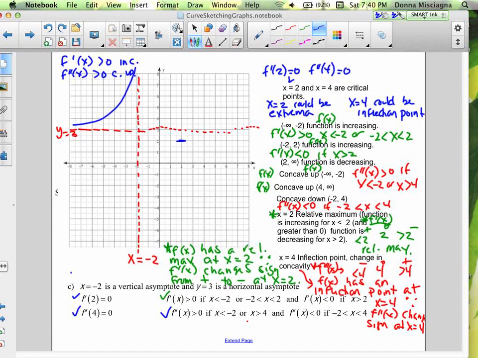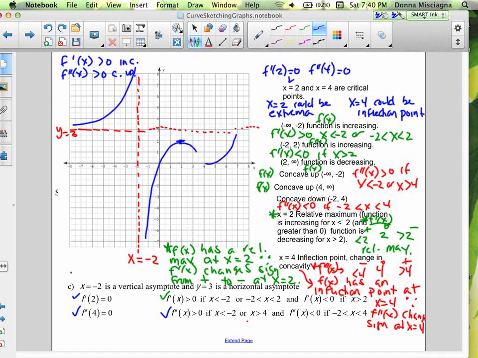So concave down, good. Hitting that tangent line, and we've got to make sure we change concavity at 4. So try to aim for 4 to have it start being concave up.